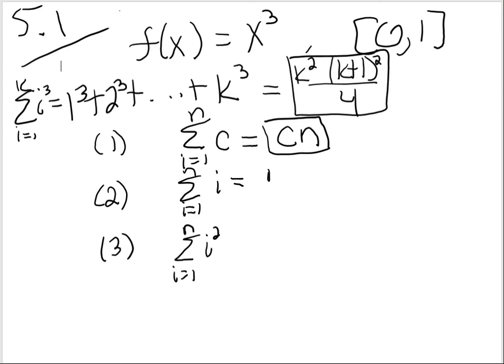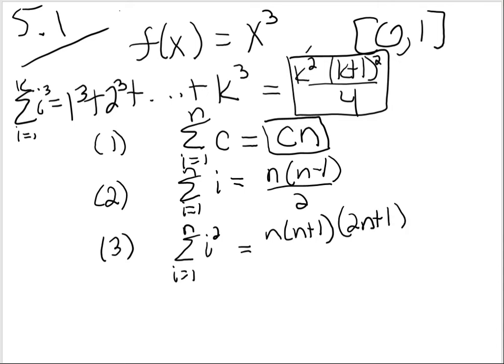This first one, you get n times (n plus 1) over 2, and this other one you get n times (n plus 1) times (2n plus 1) over 6. And this one was number 4. So these are also important ones. It's a little harder to explain why this is true, so just trust me that it is.